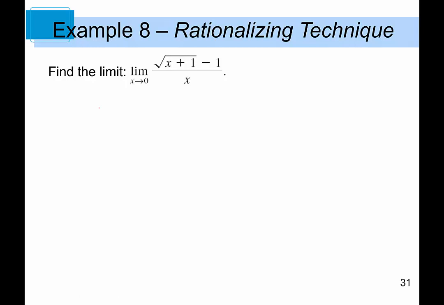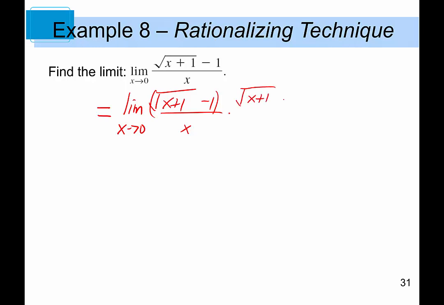Okay, this one involves rationalizing the numerator. So basically, in order to rationalize the numerator, you just have to find the conjugate. The conjugate for the numerator will be square root of x plus 1 plus 1.